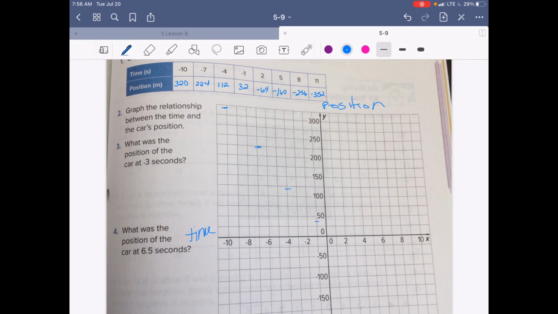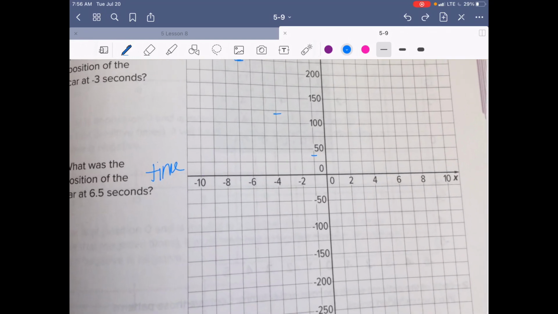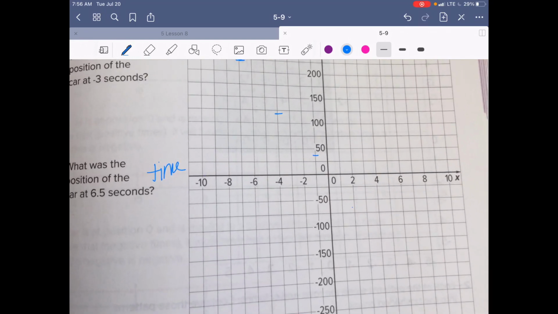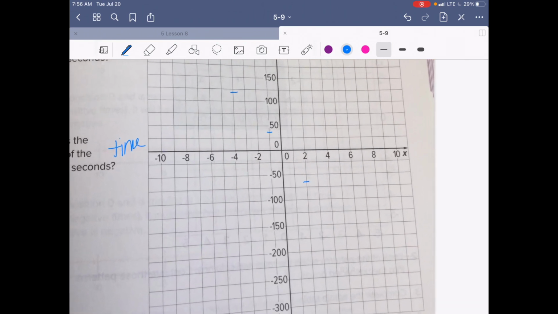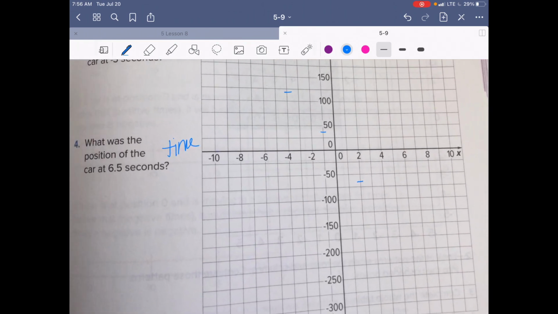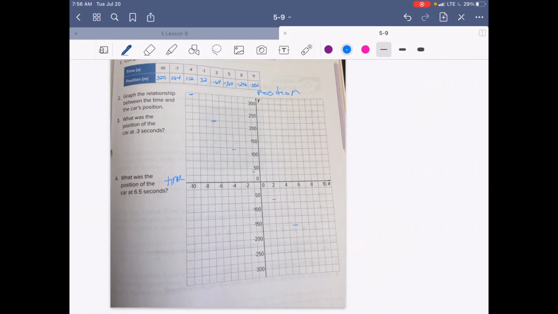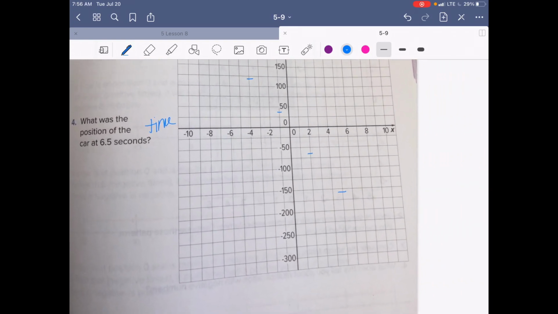Then -1 is 32, and 2 is -64. I guess it's like right there. 5, -160. 8, -256.